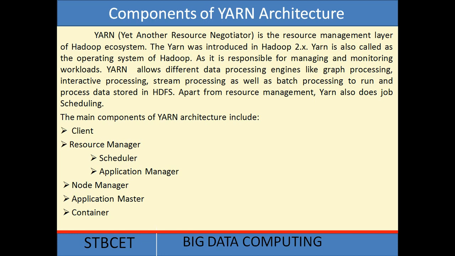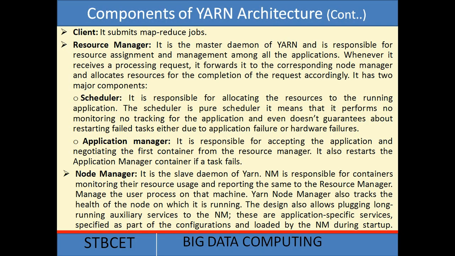Components of YARN: client, resource manager, having 2 subcomponents: scheduler and application manager, node manager, application master, and container. So the client component will just submit the job to the resource manager.